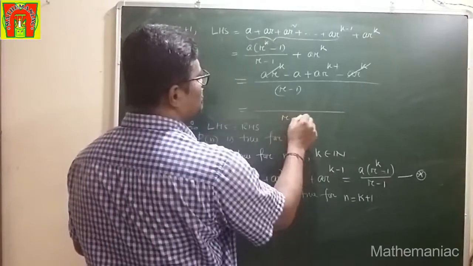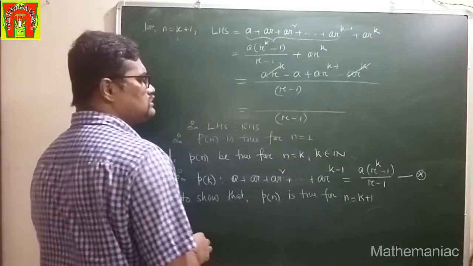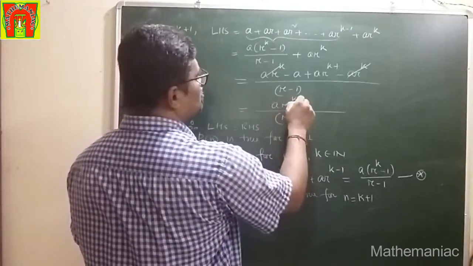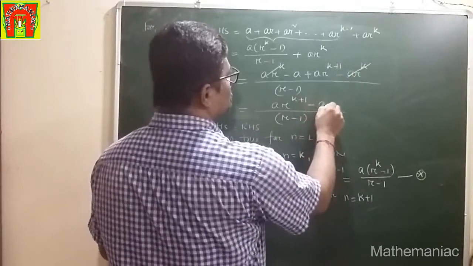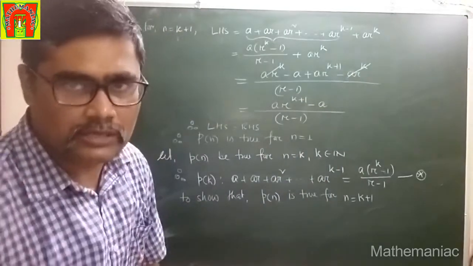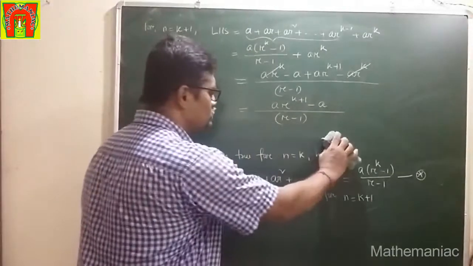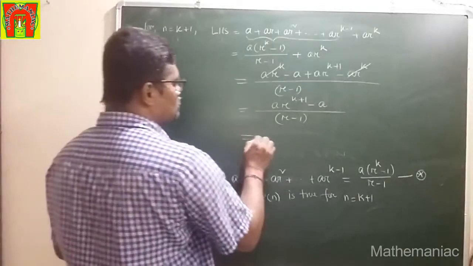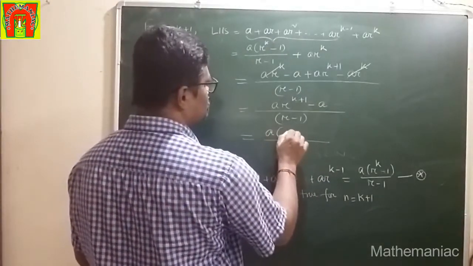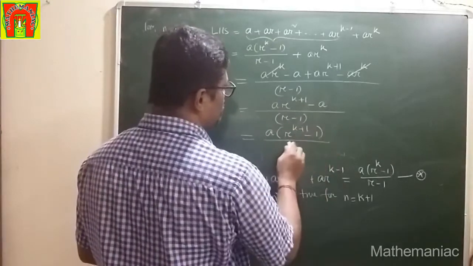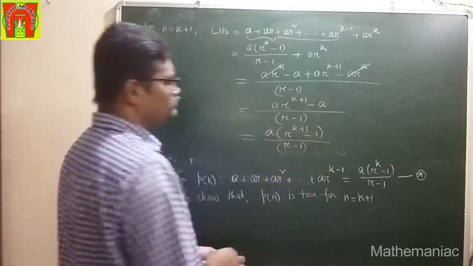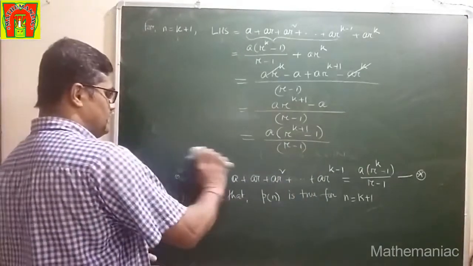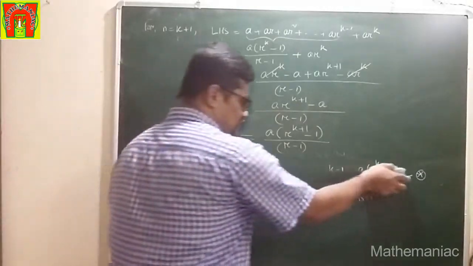So what you will get here is r minus 1 in the denominator, and in the numerator a r to the power k plus 1 minus a. Now you take a common. There will be no change in the denominator because the denominator is not dependent on n. So it is a times (r to the power k plus 1 minus 1) divided by r minus 1. This is the outcome when we put n equal to k plus 1 in the left hand side.